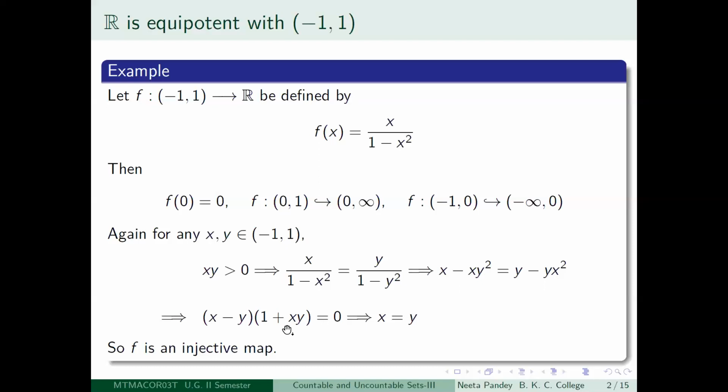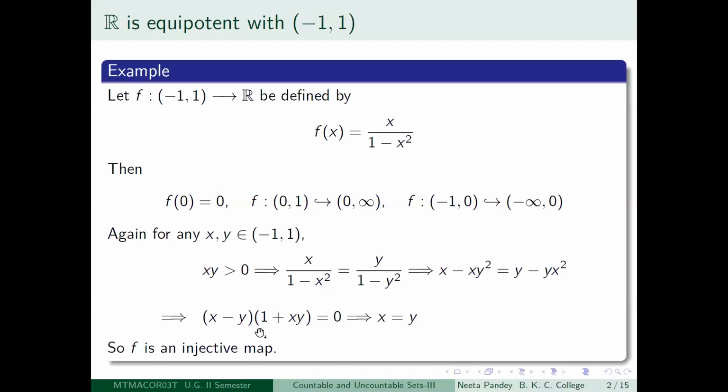So this factorization would be x minus y times 1 plus xy. I hope it is clear. You get an x minus y, and you also get an x squared y minus xy squared. So you have taken xy common, so that is xy times x minus y, so you get this factorization. Now this product of two real numbers is equal to 0.